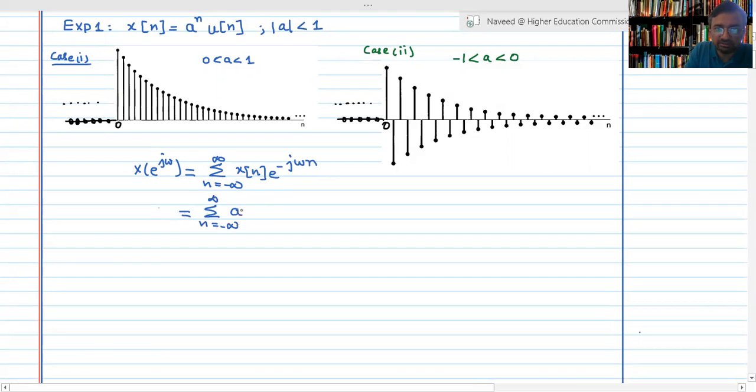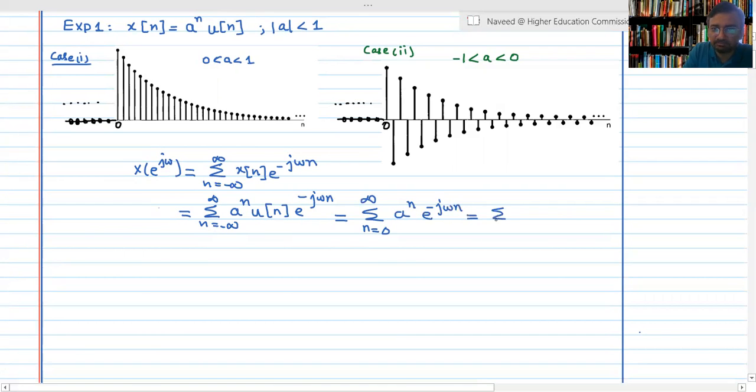The function is a^n u[n] e^(-j omega n) is already there. So this u[n] will change the limits of this summation from 0 to infinity. So the limits of this summation are now from 0 to infinity a^n times e^(-j omega n).